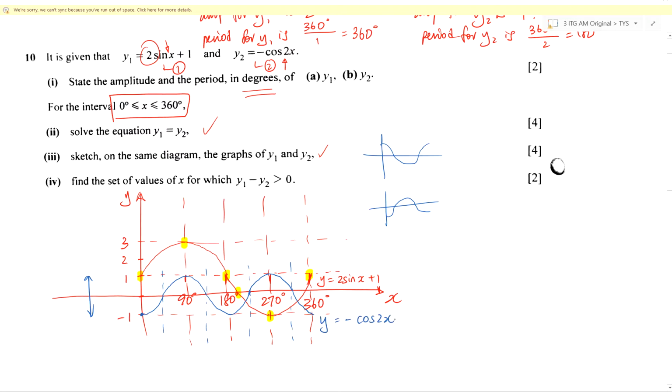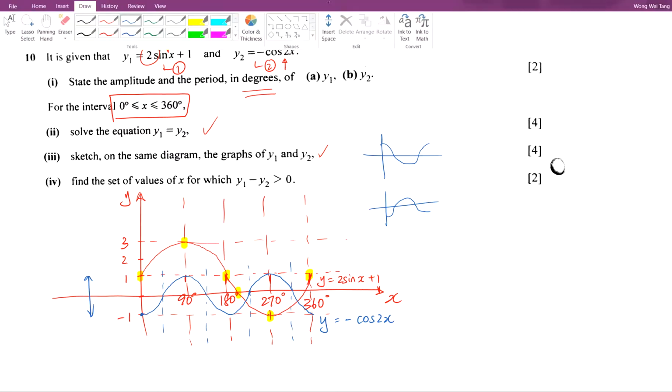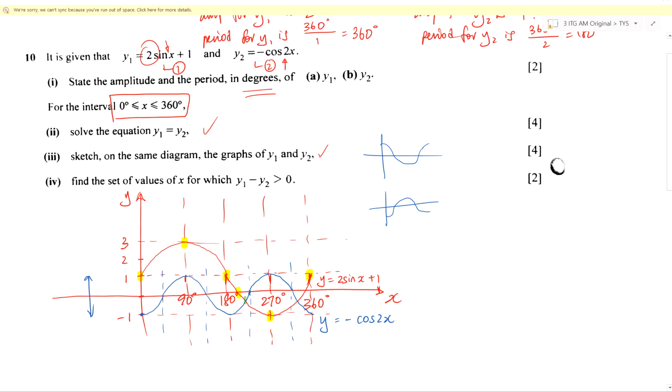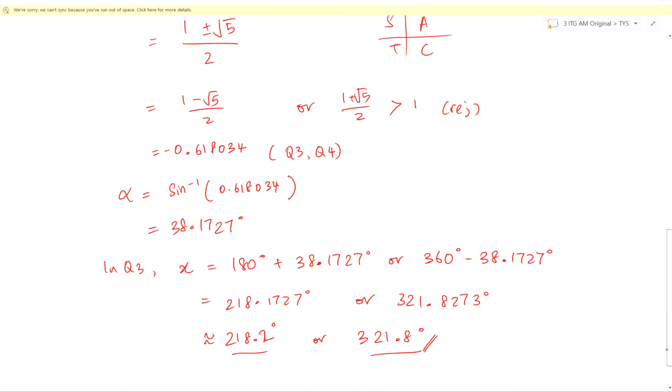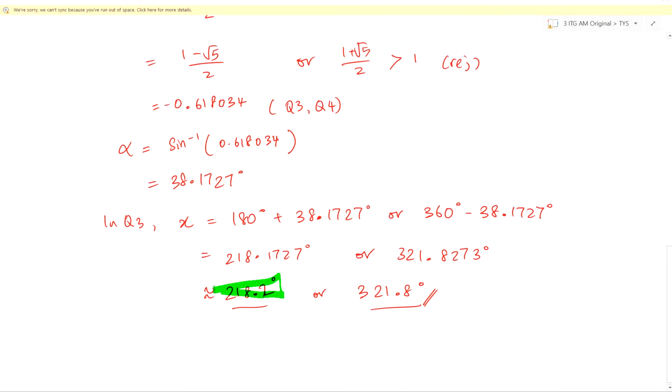So let's look closely at these two graphs. They actually intersect at 2 points. So the points of intersection are actually our solutions to our simultaneous equations, which we found to be 218.2, 321.8.